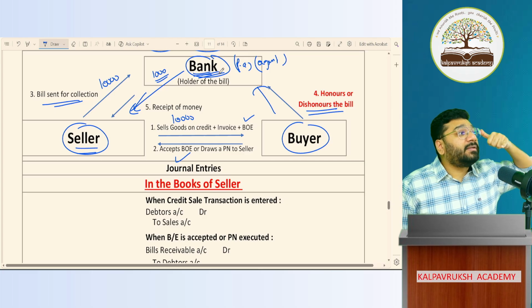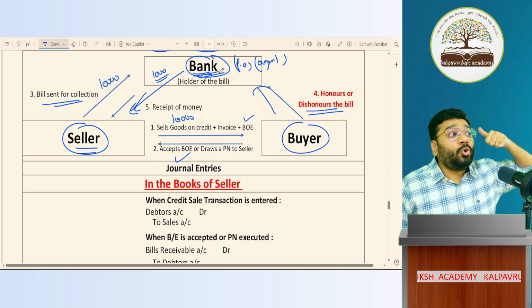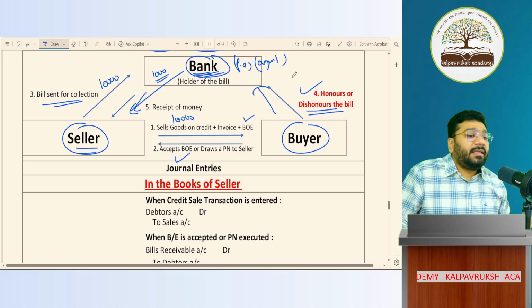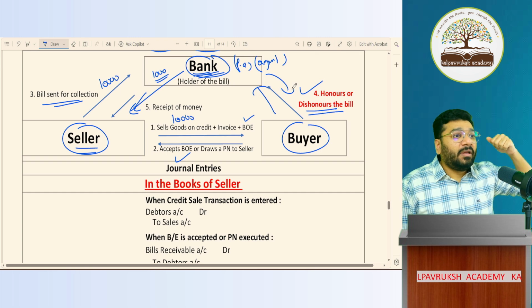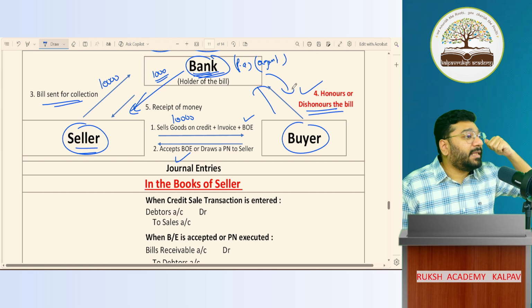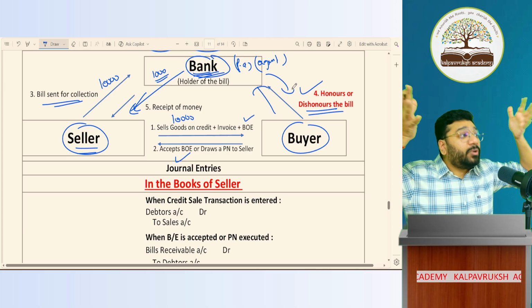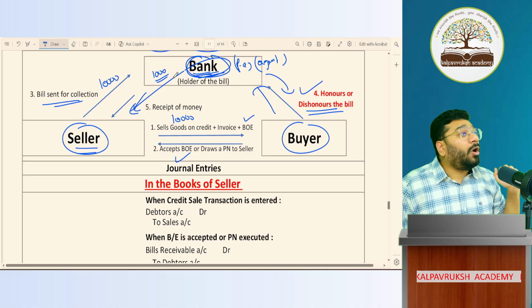So he will call the seller: Seller, do you want me to take the notary public and go and get the noting work done? Only if the seller says yes, then the banker will go. But in case of bill discounting, the banker need not take permission from the seller because the bank is a separate individual party. He's got the capacity to decide what to do, what not to do. Here, the bank is a mere agent. Got it, not got it?